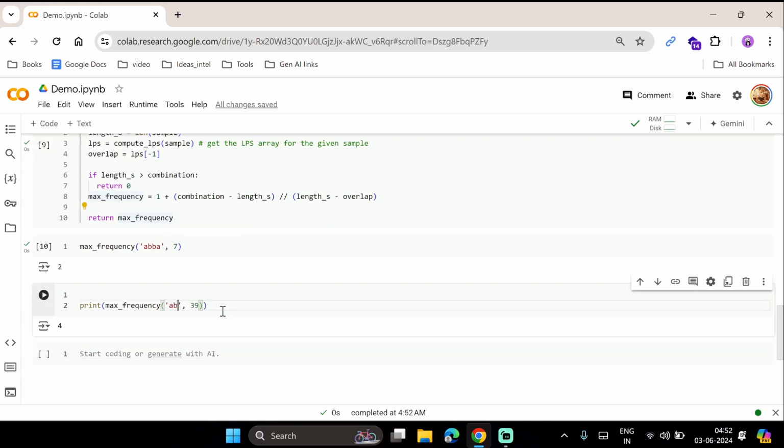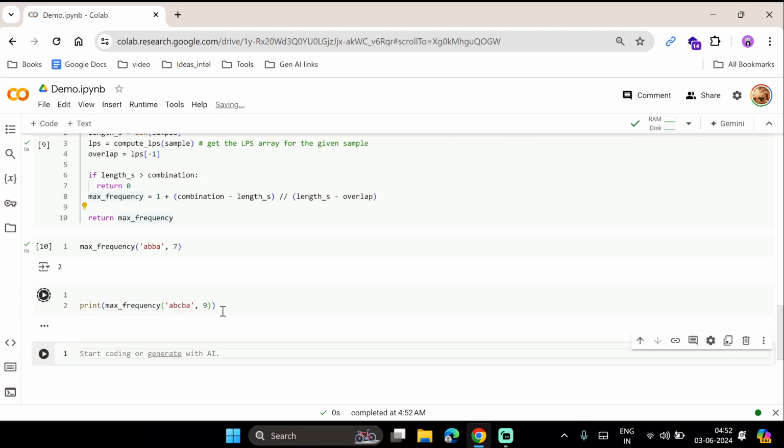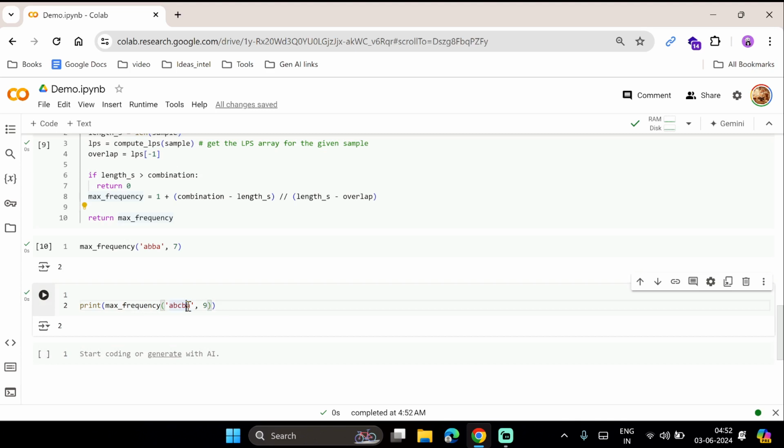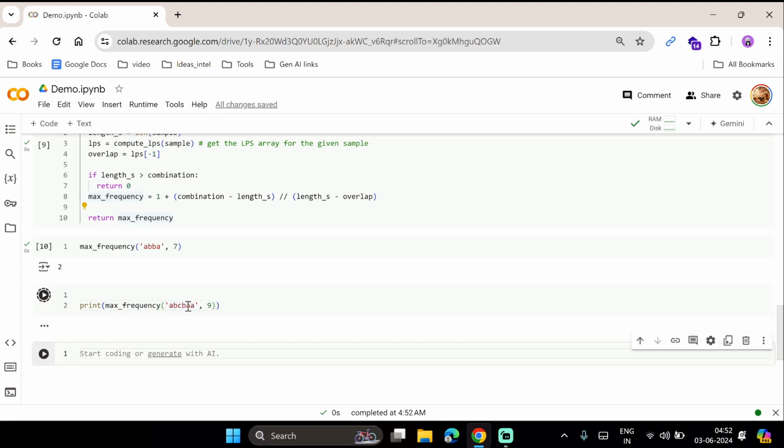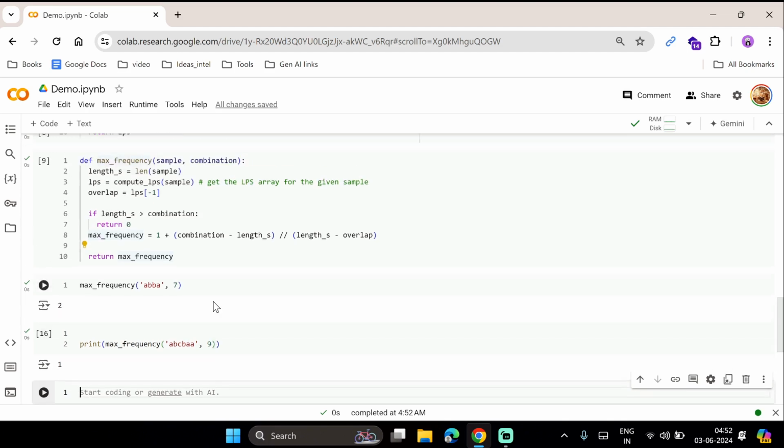Palindromes are, I would say, a great thing to try out. And say 9. And if I say AA, it's 1. Anyway, you guys can try various stuff.